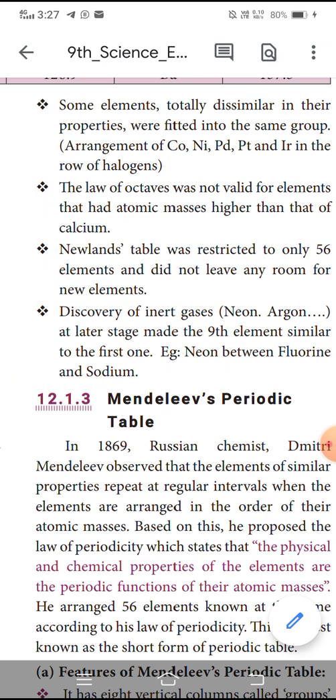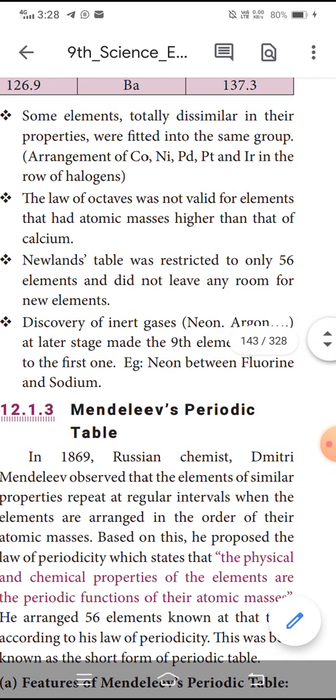At first he said the first element is similar to the eighth element according to the musical system, sa re ga ma pa da ni sa. Likewise, after the discovery of inert gases, the ninth element is similar to the first one.